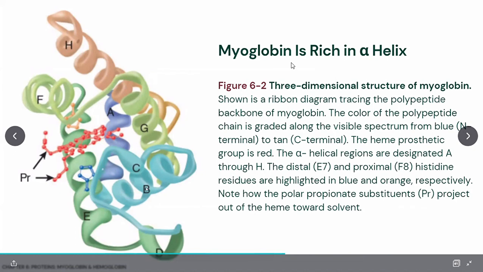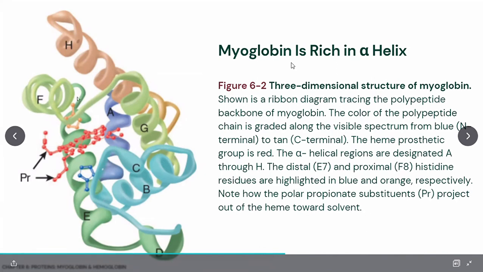Alpha helix, beta helix, helix A, helix B, helix C, helix D here, helix E, helix F, and this is helix G, and that's helix H. They're all continuous.